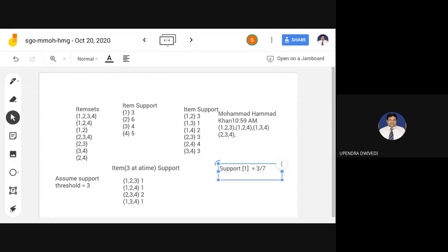In the same way we can calculate the support of item set 2, and that will be the number of transactions involving 2. The number of transactions involving 2 is 1, 2, 3, 4, 5, 6, and the total number of transactions is 7. By this way, we can calculate the support of any item.